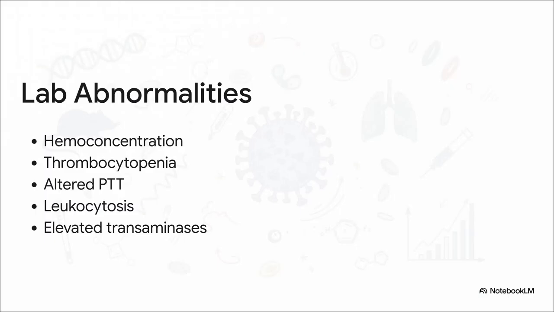For us, especially if you're a Dutch clinical microbiologist evaluating a returning traveler, the diagnostic profile here is highly specific. You want to look for hallmark laboratory abnormalities. We're talking severe hemoconcentration, profound thrombocytopenia, leukocytosis, and an altered partial thromboplastin time. Hemorrhage and renal involvement were also super frequent complications in that Temuco cohort.